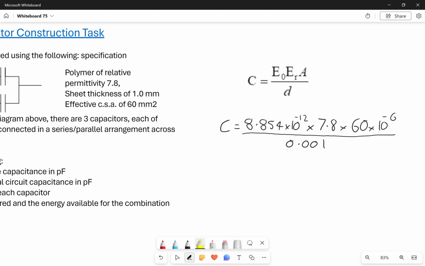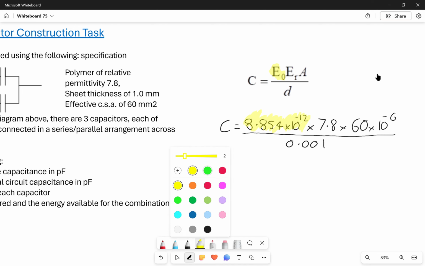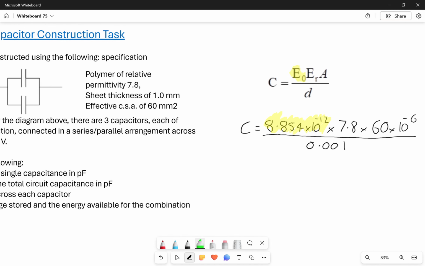In terms of what goes where, ε0 is the electric constant, and this is always 8.854 times 10 to the minus 12. So even if you're doing different variations of this formula, you will always use that ε0 value, and it will always be the same, 8.854 times 10 to the minus 12.